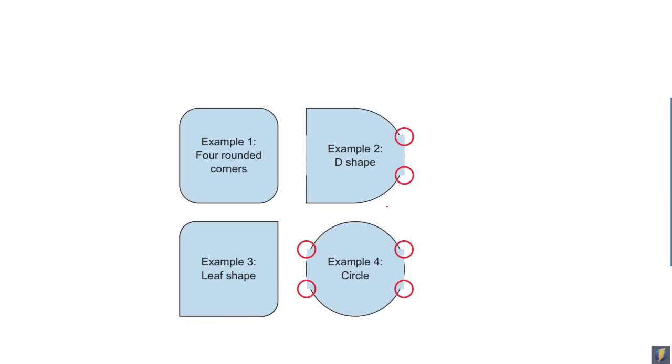And the next one is something about the rounded corner. There are four examples. For this one, this is a square with four rounded corners, and for this one, it looks like the alphabet D. This one is square, but the right corners are rounded.